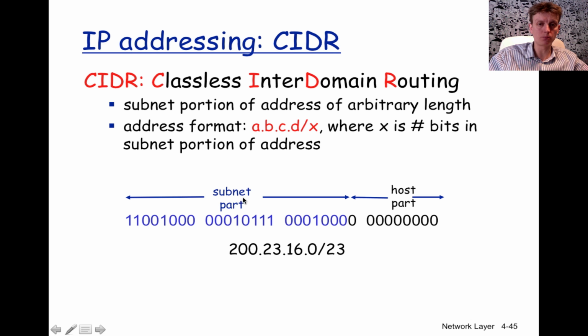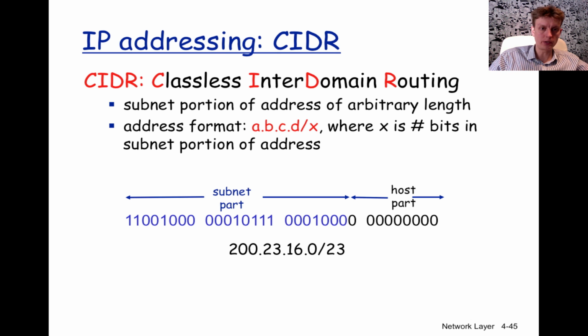Instead, the subnet portion of the address can be of an arbitrary length. In order to indicate what part of the address belongs to the subnetwork part, one uses a slash notation, where the number after the slash indicates the number of bits in the subnet portion of the address.